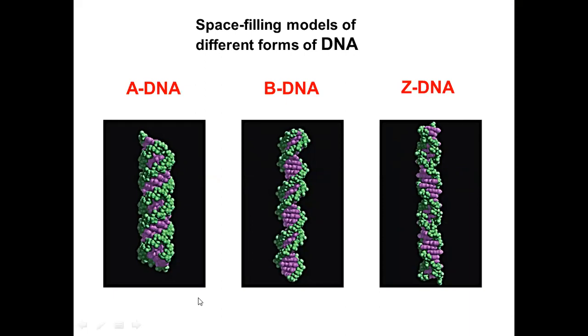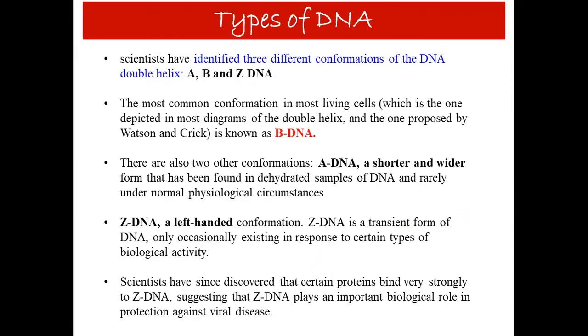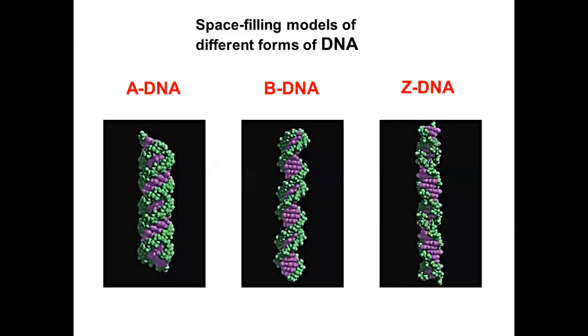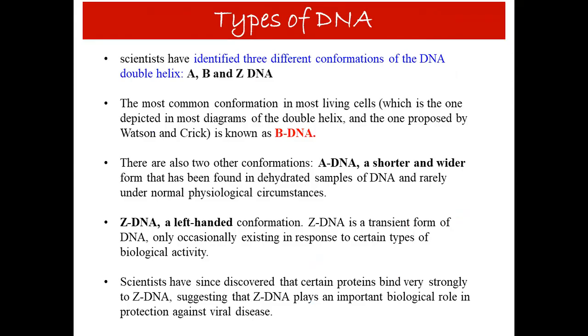Now, scientists have identified three different conformations of the DNA double helix. These are A-DNA, B-DNA, and Z-DNA. The most common conformation in most living cells, which is actually proposed by Watson and Crick, is known as B-DNA.